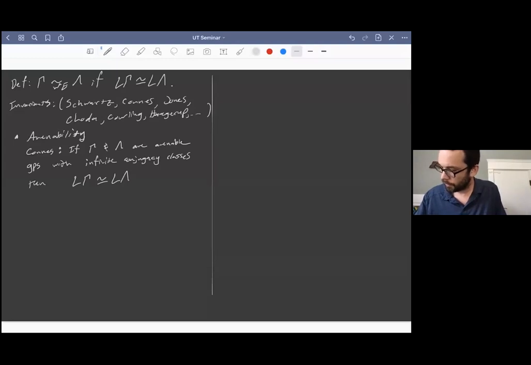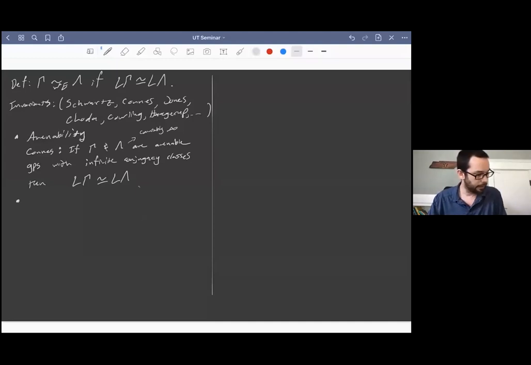So these are countably infinite groups. So again, any two amenable groups, countably infinite amenable groups, as long as they're ICC, they give rise to the same von Neumann algebra. And conversely, if you're isomorphic to a von Neumann algebra of an amenable group, then you're amenable yourself. So that's a result of Schwartz.